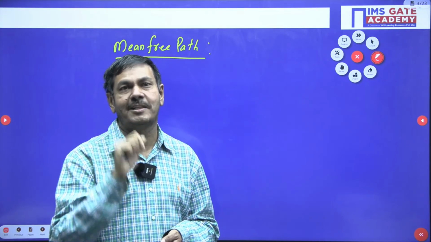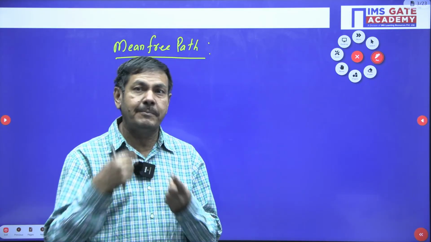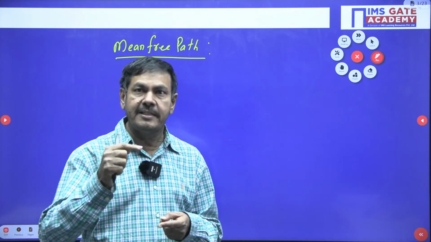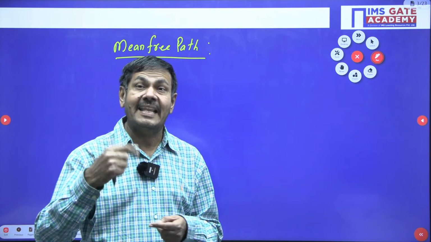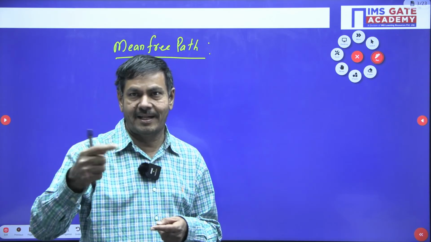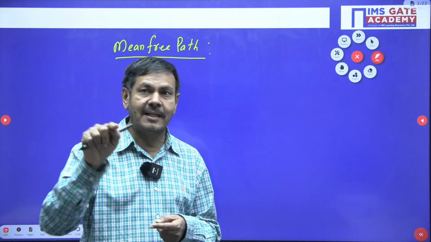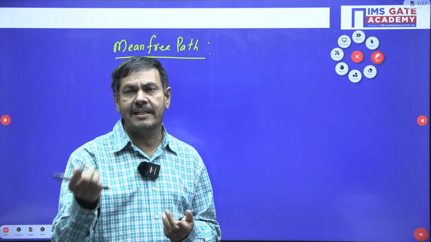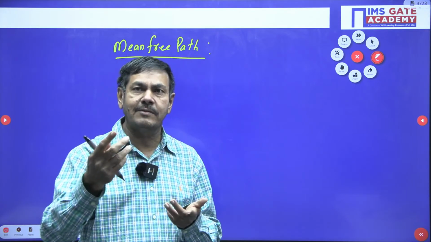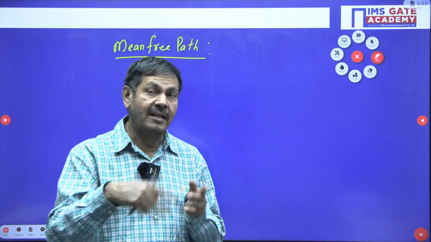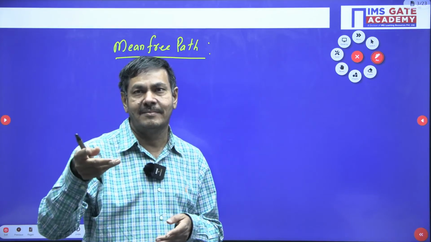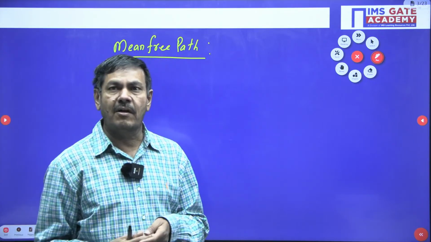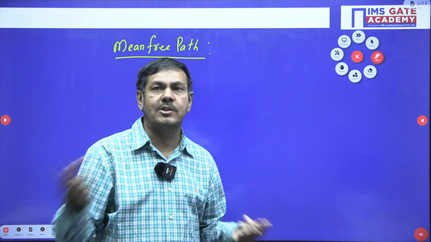Collision can be defined in a different way also. When the electron is moving in a semiconductor and is trapped in a hole, that is also called a collision. We know very well, when an electron is trapped in a hole, we call it recombination, and we can also call it a collision. So a collision means hitting of an electron to another electron, or otherwise recombination with a hole.